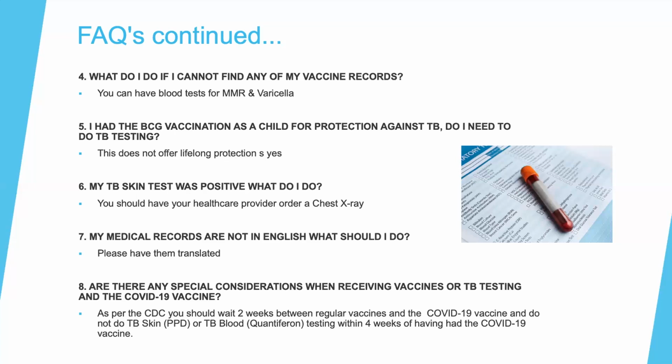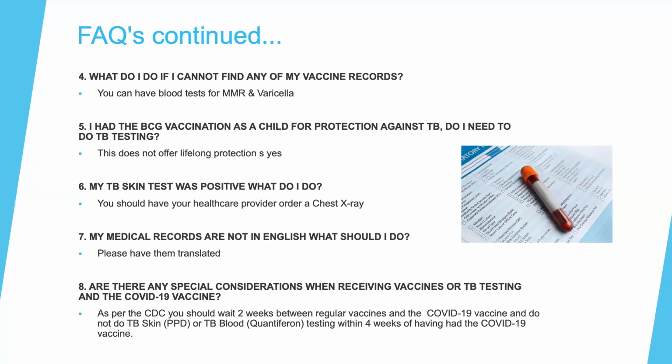And there are a lot of questions currently coming in about special considerations if you have received or are receiving the COVID-19 vaccine. The US Centers for Disease Control and Prevention recommends that you have a 2-week gap between regular vaccines and the COVID-19 vaccine, and also to wait for 4 weeks if you get TB skin testing or blood testing, because the vaccines can interfere with tuberculosis testing.